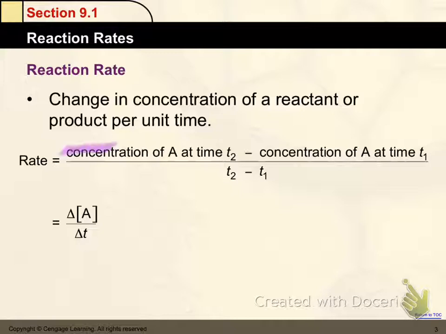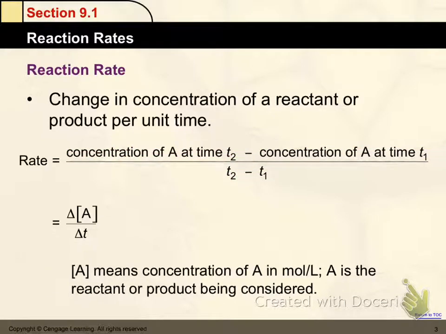So the concentration of A, being a particular substance, at time T2 minus the concentration of A at time T1, divided by those same times, T2 minus T1. That gives us our reaction rate. So this equation looks a little goofy. When we see A in brackets, those brackets mean concentration of A in moles per liter.